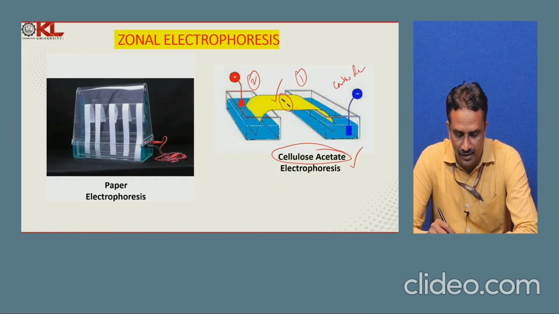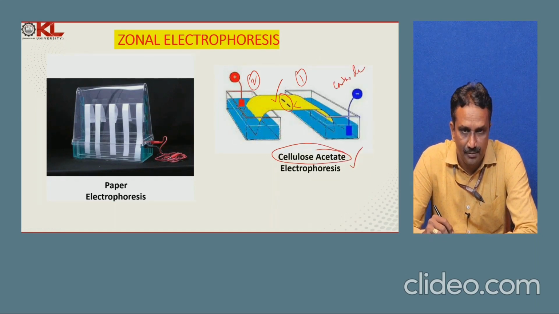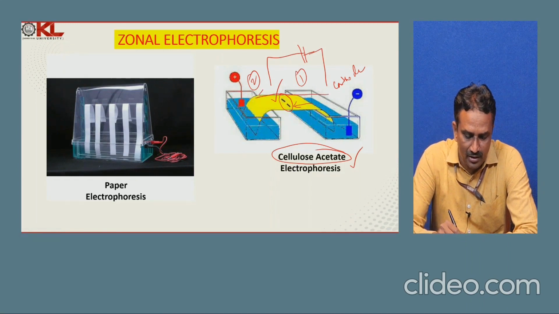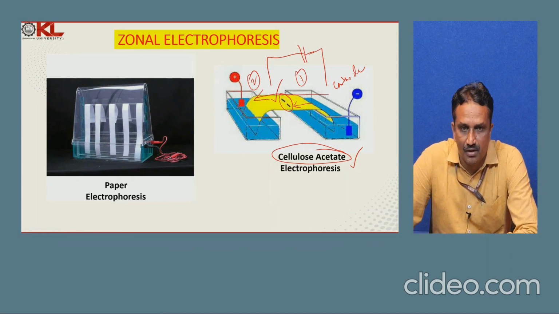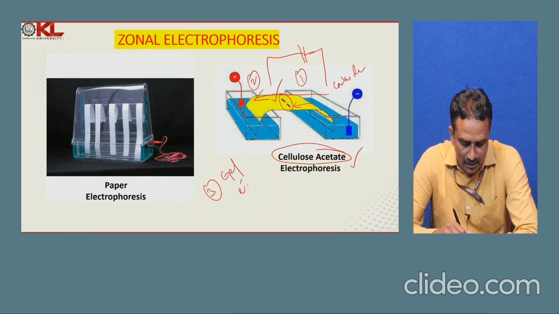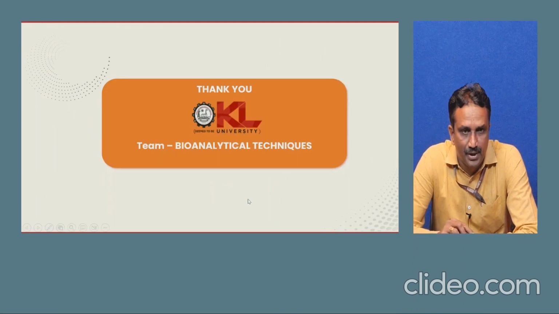This figure represents the movement of the molecules. Once you apply the electric field, molecules move from cathode end to anode end. So, this is about zonal electrophoresis. The third type, gel electrophoresis, we will discuss in subsequent slides. So, this is the brief of the electrophoresis process. Thank you.